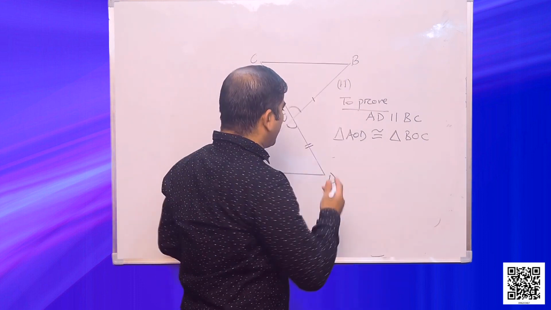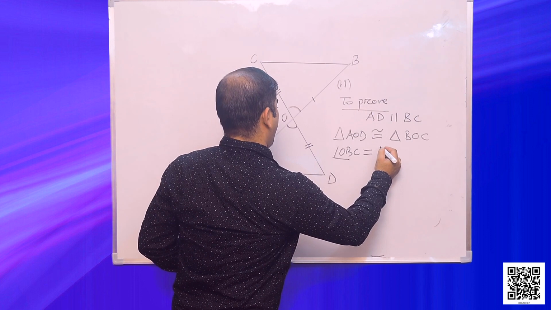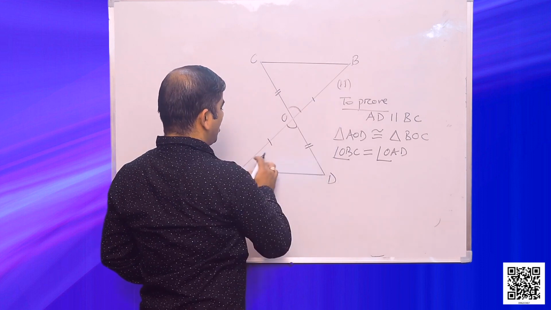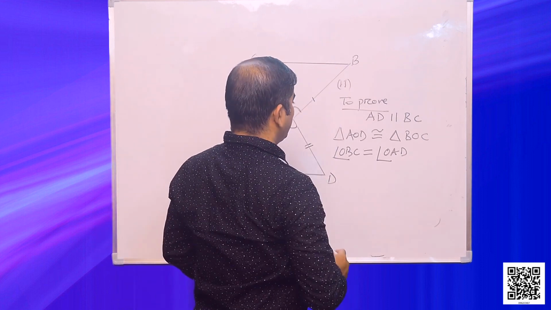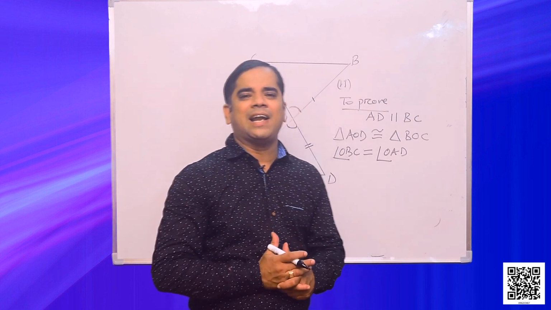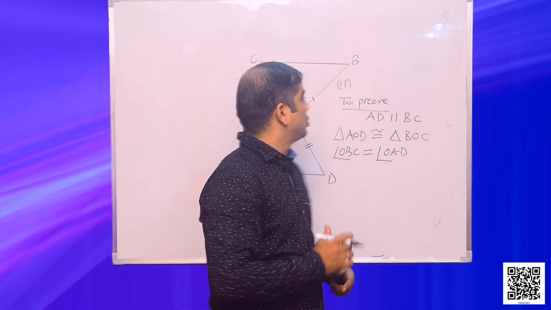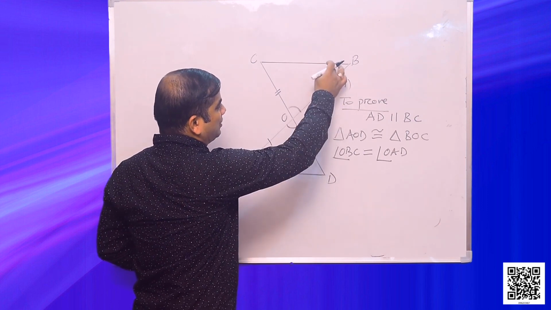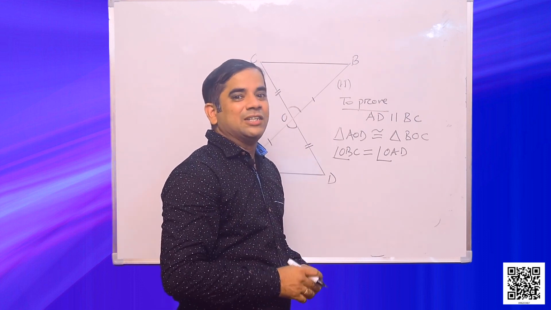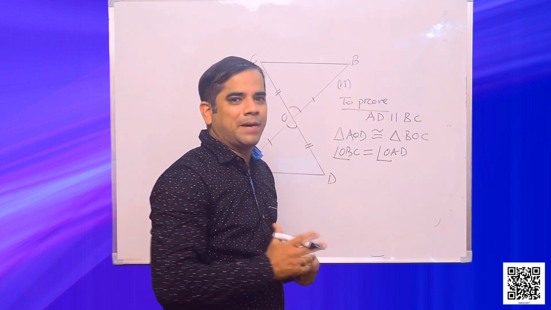So, in this way we can say that angle OBC is equal to angle OAD because they are corresponding angles. And one thing we know from the concept of parallel lines and transversal, interior alternate angles, isn't it? Whenever two interior alternate angles are equal, the lines intersected by the transversal have to be parallel.